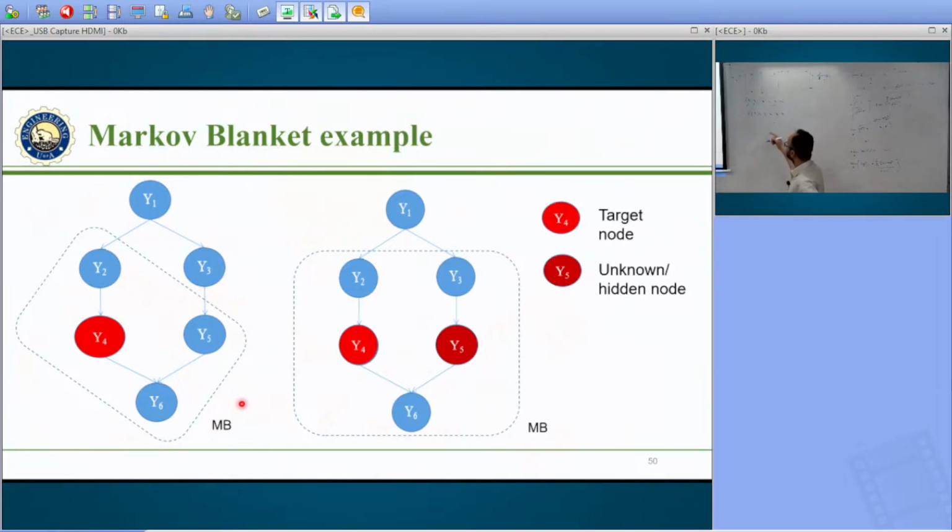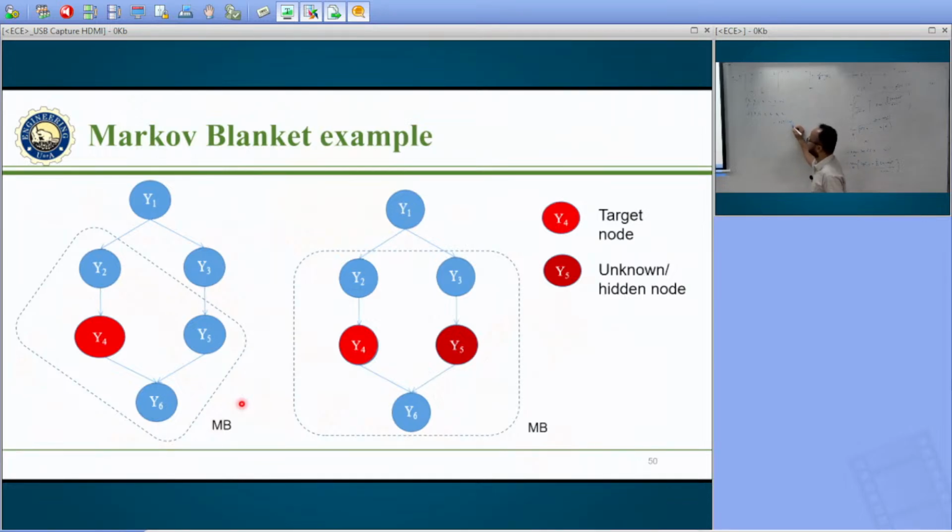Let's start from Y6. If you choose Y6, Y6 depends only on Y4 and Y5. So I can break it down as f of Y6 conditional. These are called conditional density functions. So given the information of Y5 and Y4, I can predict Y6. It's a conditional density function. So Y6 is conditioned on Y4 and Y5.